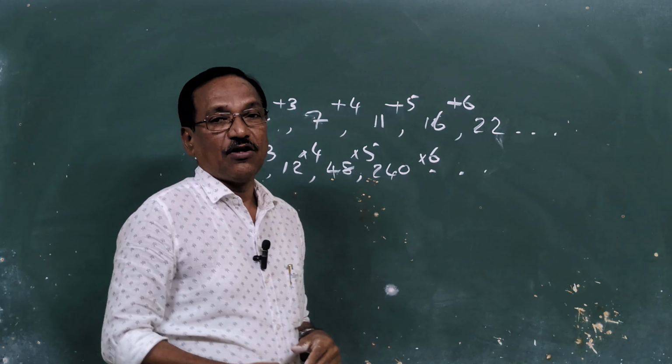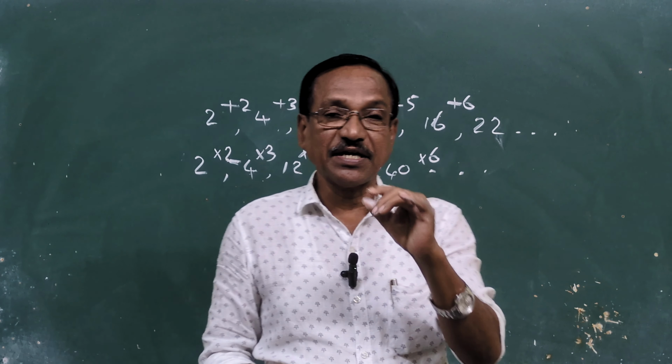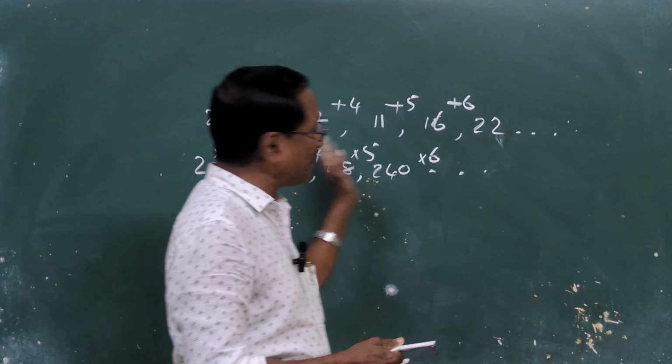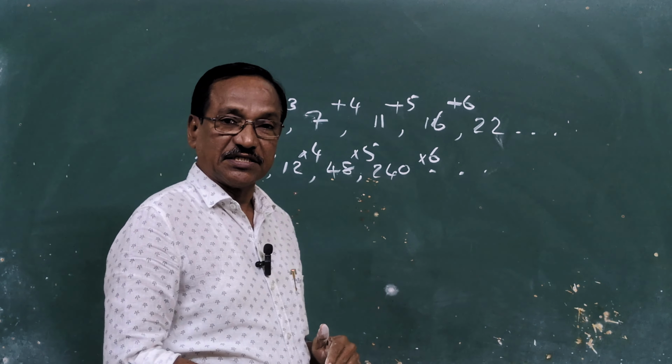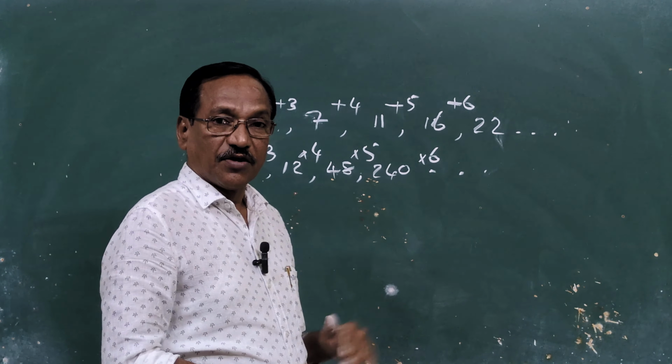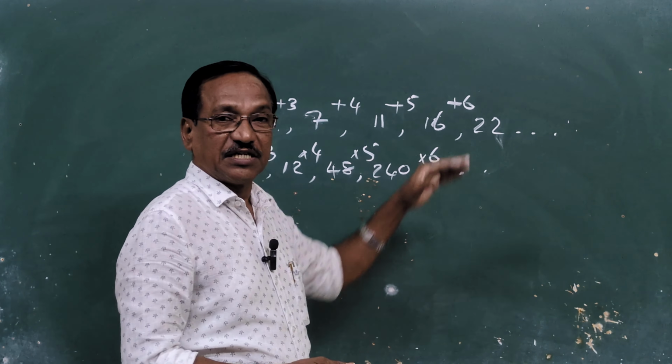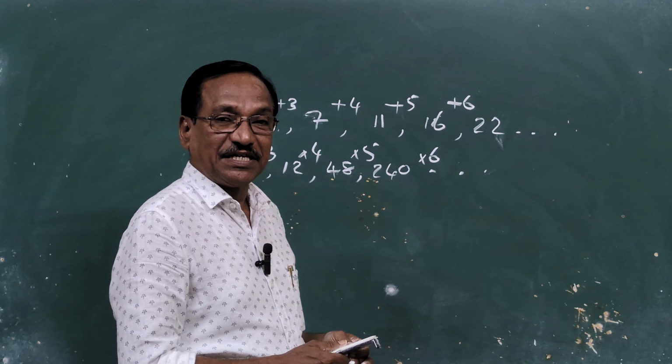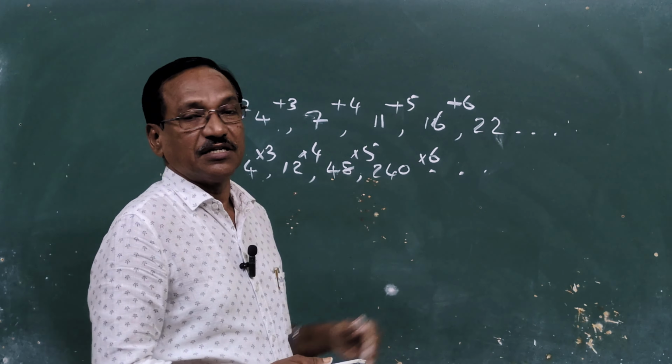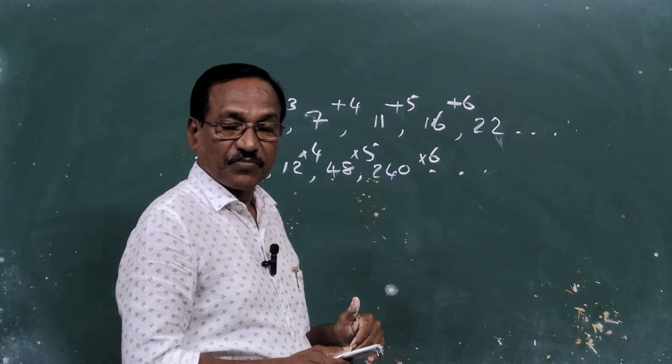So generally, we can identify the pattern by looking at the speed at which the numbers are increasing. If the numbers are not increasing at a very high speed, we can imagine that it is an addition pattern.